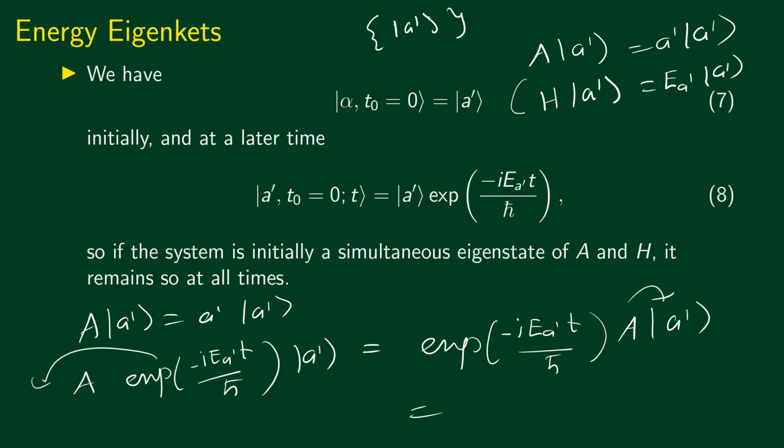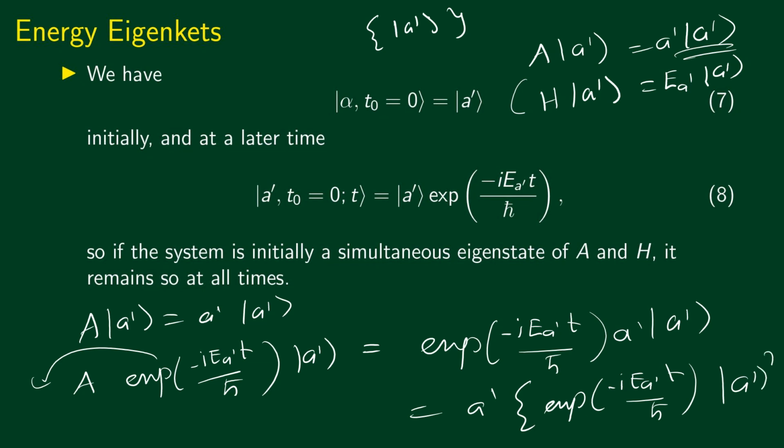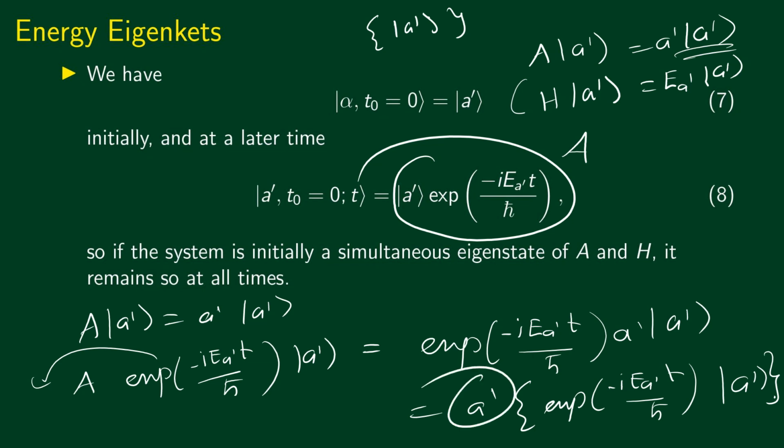Again, using the eigenvalue equation, this becomes a' multiplied by |a'⟩, so this is equal to a' exponential minus iE_a' t divided by ħ multiplied by |a'⟩. So this is also an eigenket of operator A with the same eigenvalue a'.